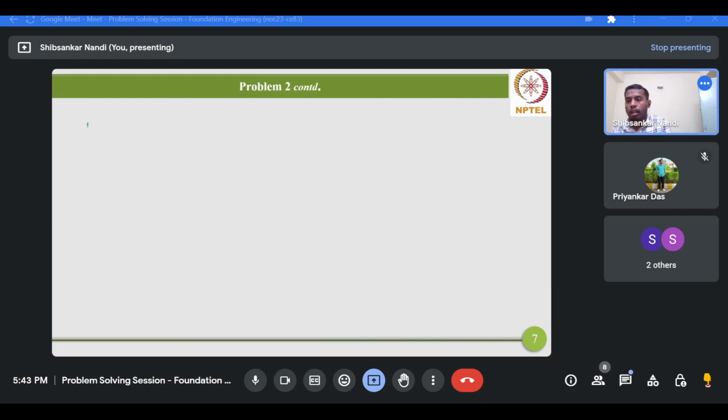So N prime 60, this is without overburden correction. First of all, the measured SPT value is 38, then 1.33, this is the hammer efficiency correction factor, then the rod length correction factor, then the sampler correction factor and the borehole diameter correction factor.